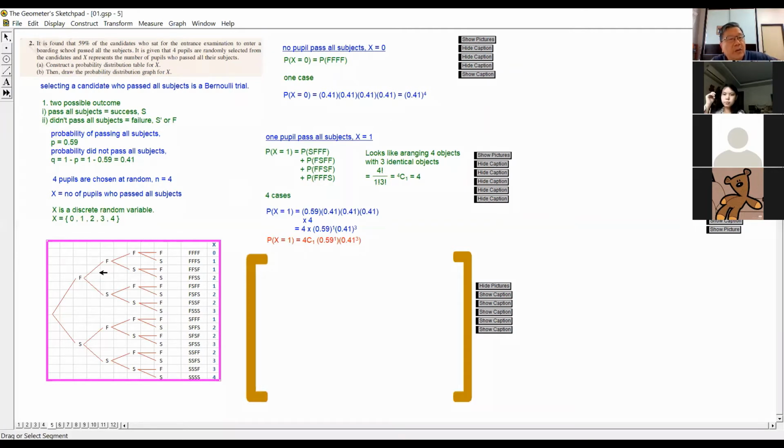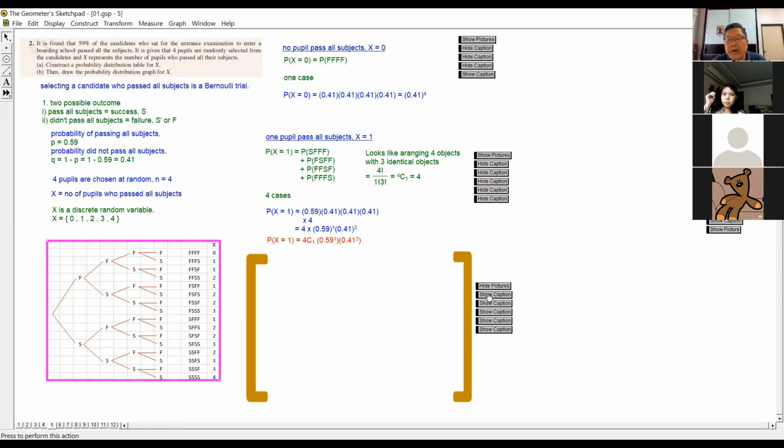When you follow the tree diagram, you can list out all the possible outcomes, for example fail, fail, fail, fail, or success, failure, failure, failure, or failure, success, failure. So there are many different permutations of success and failure, and also different numbers of successes and failures.